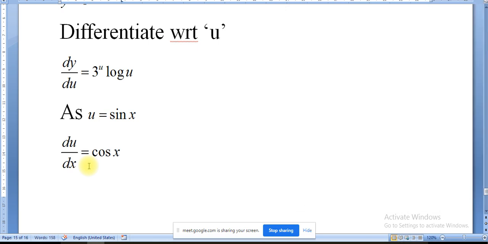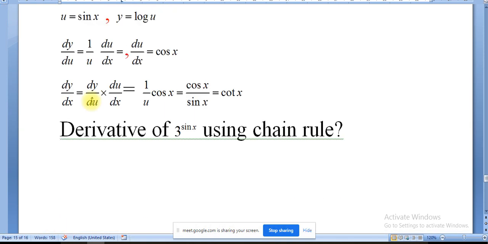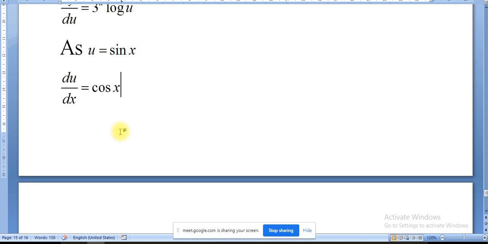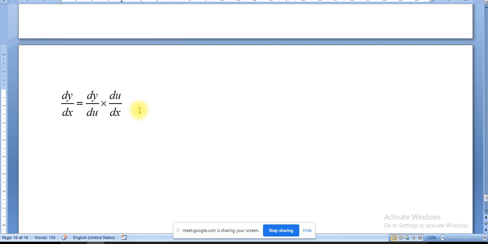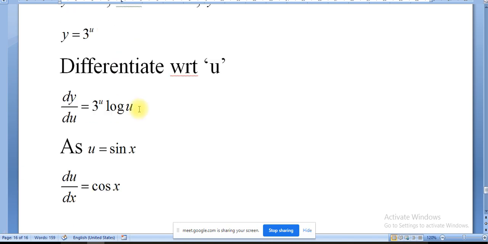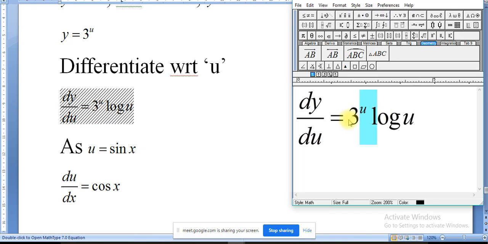Now we will recall the chain rule and place all the values together. dy by dx is equal to dy by du into du by dx. This part is dy by du.